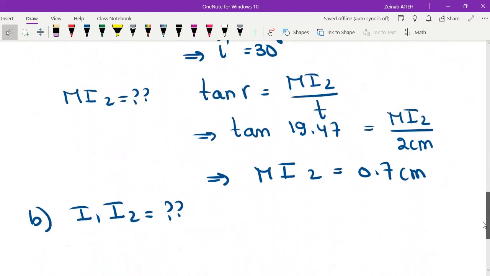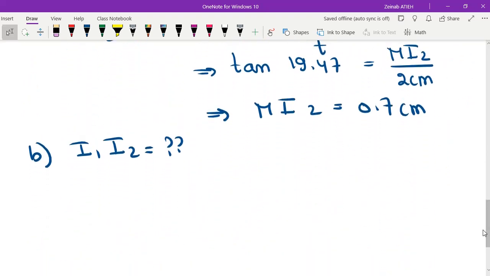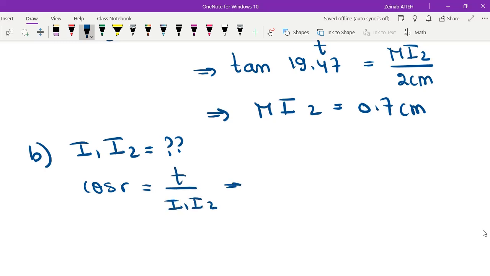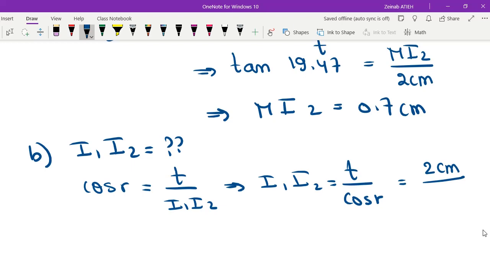So I will use the cosine. I will say cosine R equals T over I1 I2, which implies I1 I2 equals T over cosine R. T was 2 centimeters, so I1 I2 comes out in centimeters. Cosine of 19.47 we had.